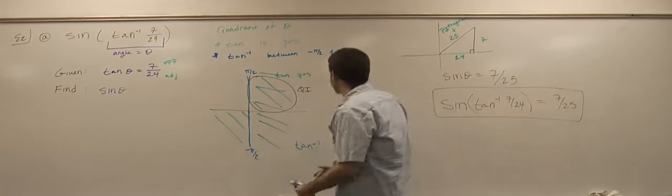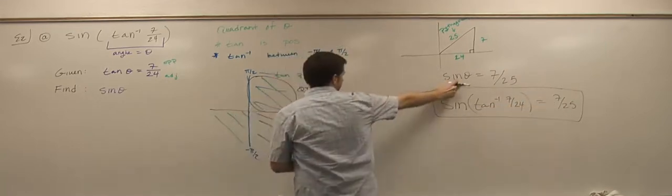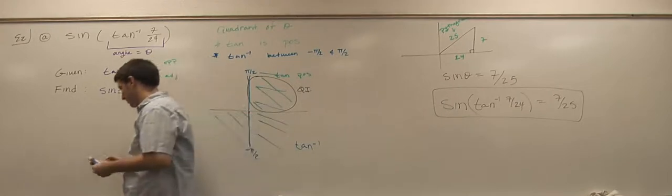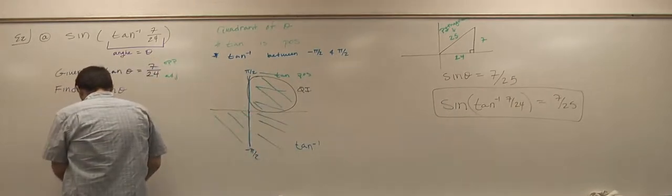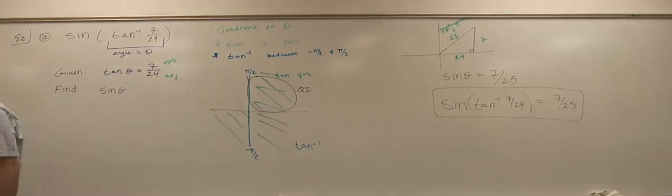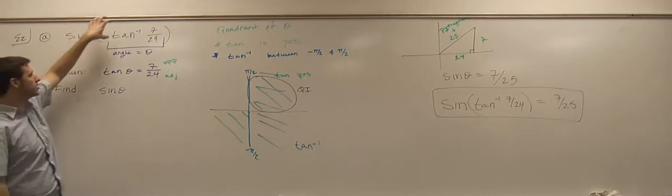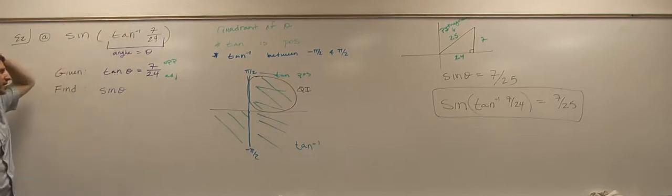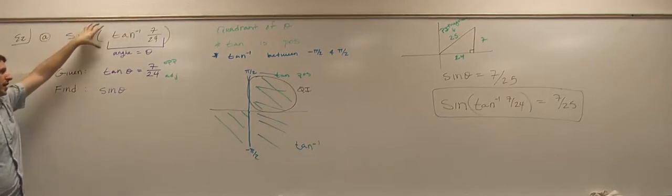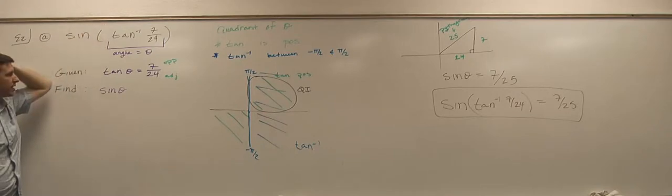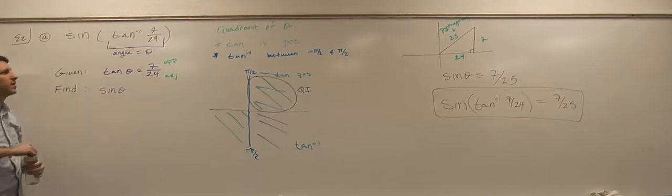So when you have a trig function and then an inverse trig function inside, this is a triangle problem. This is encoding the triangle problems which we did in 6.3.